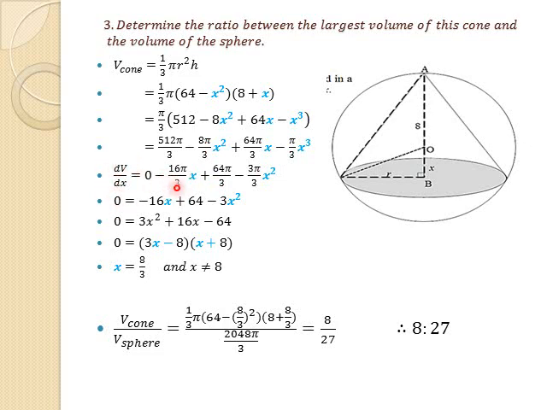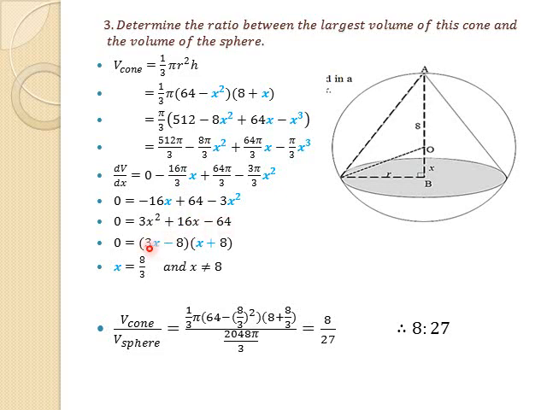So if I multiply everything by 3, the 3 would cancel, and pi and pi would cancel. But here, because 3 divided by 3 is 1, 1 times 3 gives me negative 3x squared. So I have minus 16x plus 64 minus 3x squared, which can be rewritten as 3x squared plus 16x minus 64.